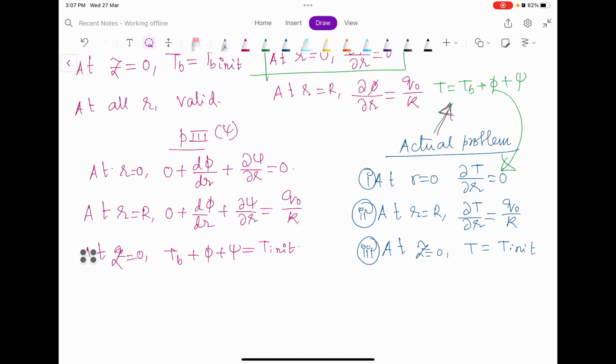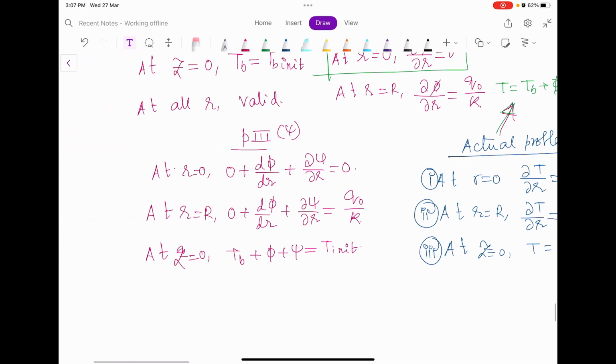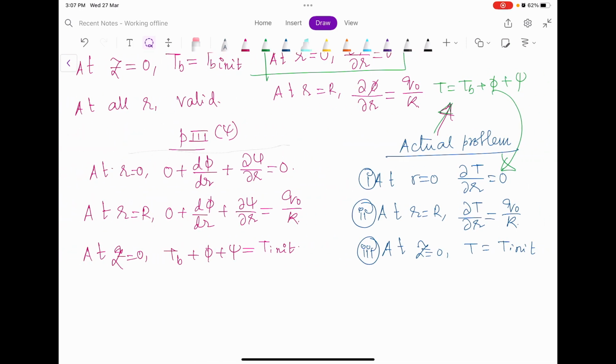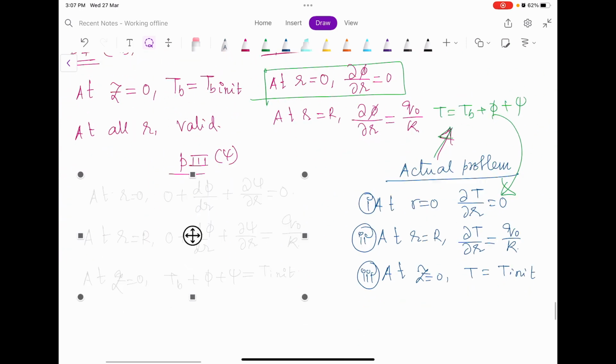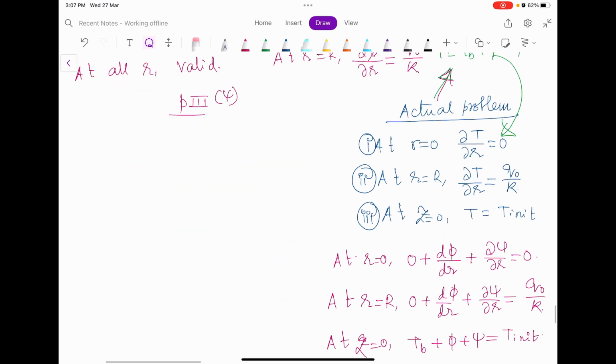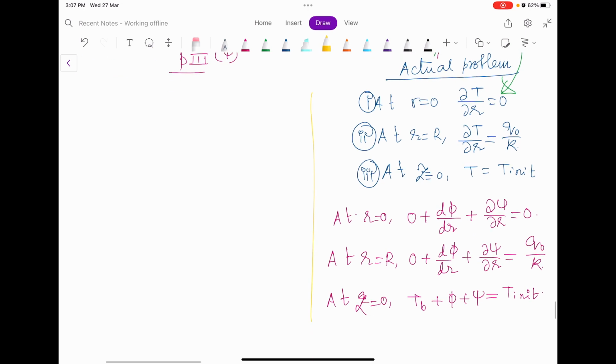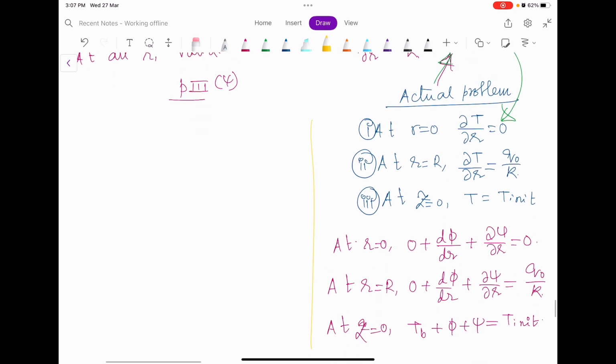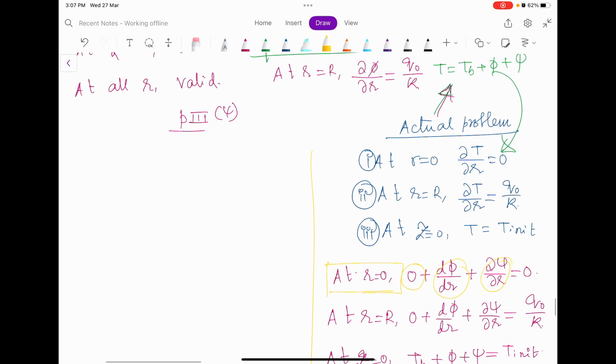So what I can do is take this part and move it to here, because this is under the actual problem. Now you see that at r equal to 0 I have to add up this 0, this thing and this thing, and the RHS should be 0.